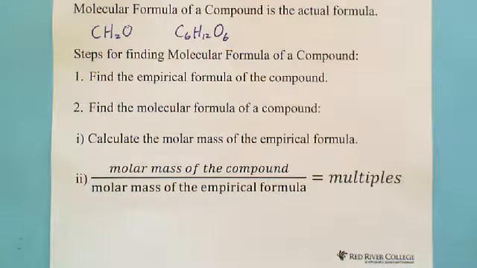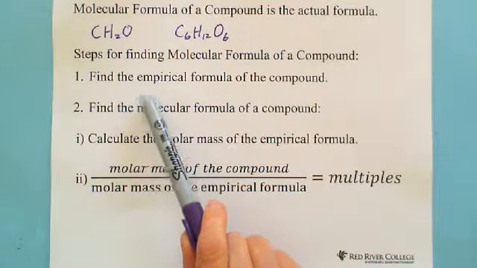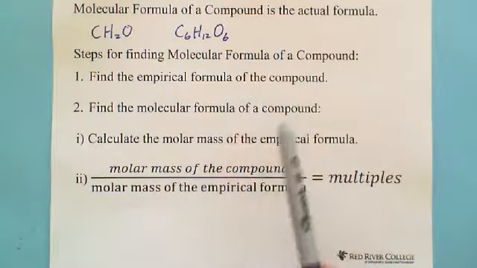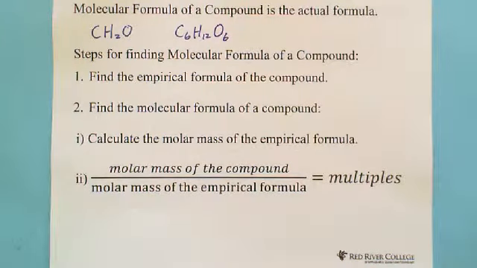So looking for the molecular formula of a compound, we can follow the following steps. First step is to find the empirical formula of this compound. The second step, to find the molecular formula. So when you're looking for molecular formula, you always need to first find the empirical formula.